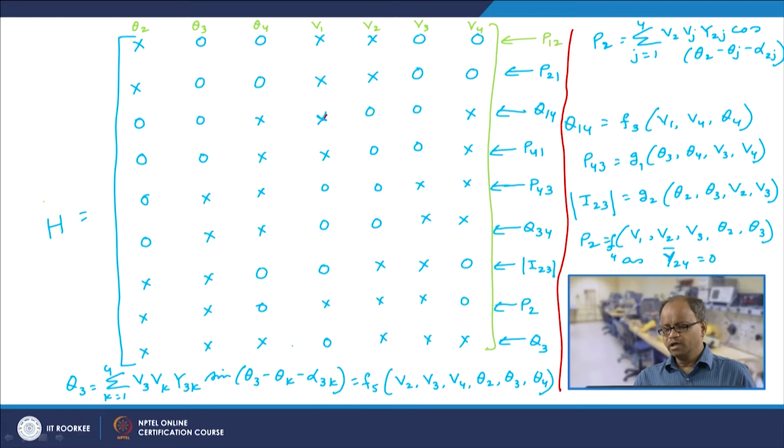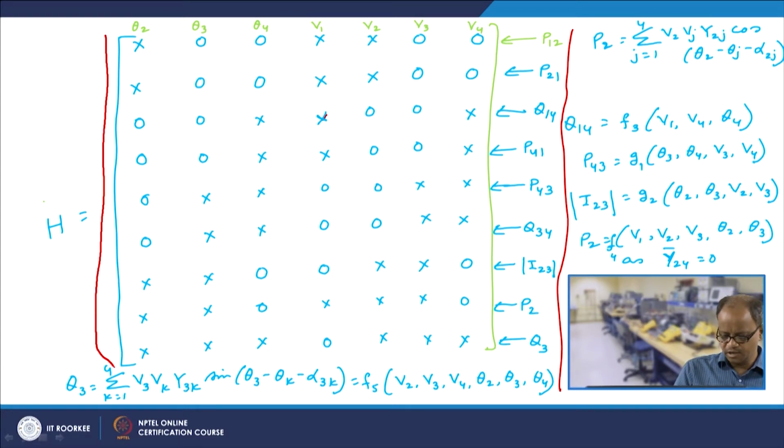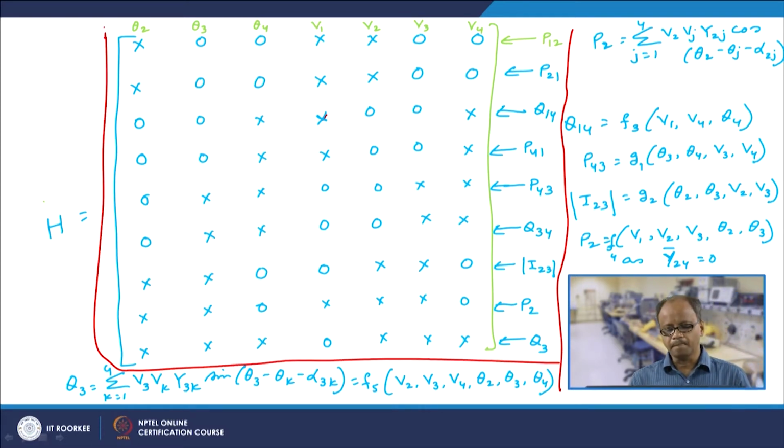So, here in this case we have looked into all kind of measurements, and we can see that depending upon the type of measurement and interconnectivity, this particular Jacobian matrix would not be a full matrix, it will also have many zero elements.